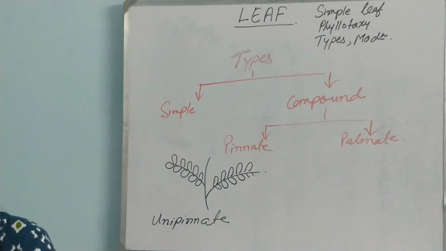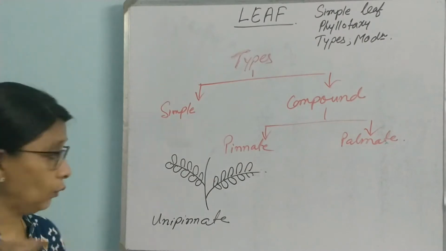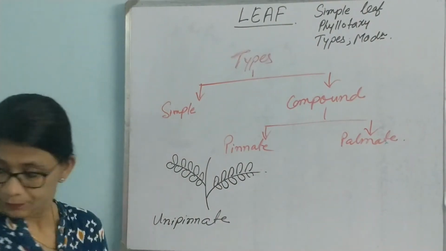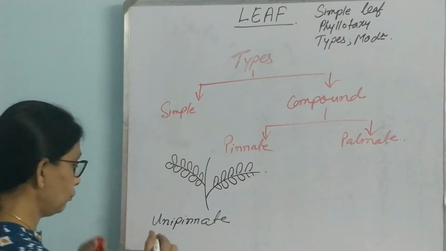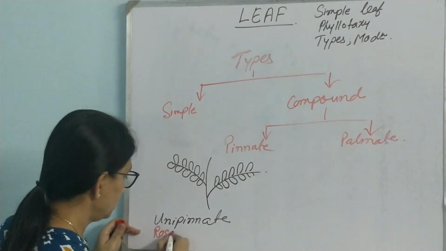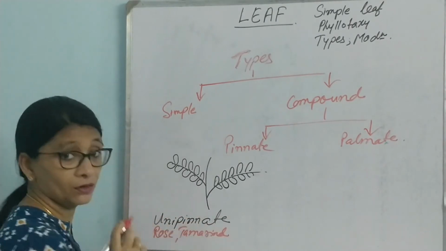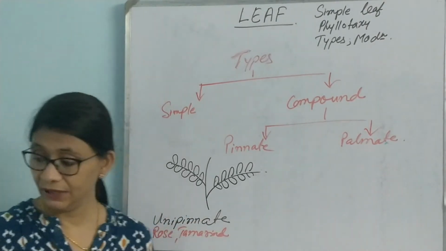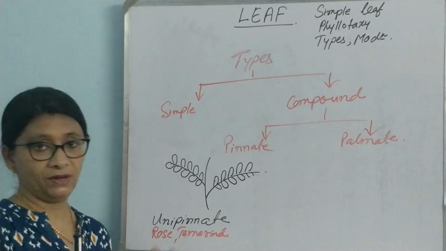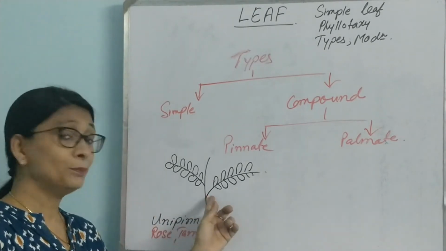Unipinnate leaves are found in rose, tamarind, etc. So if you see tamarind leaf, you will see a number of leaflets on one petiole.